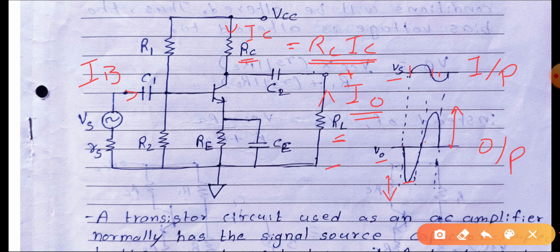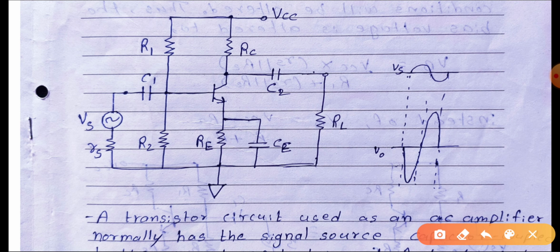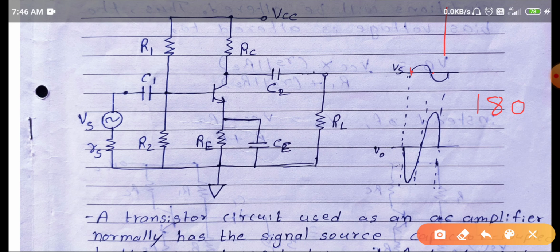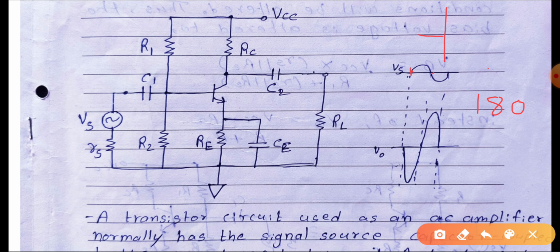So when you say 180-degree phase shift, you will say that the signal, its starting position is shifted by 180 degree. Means instead of signal starting from this point, your signal will start from this point. So your signal will look like this. So this is your 180-degree phase shift, or you can say phase reversal.